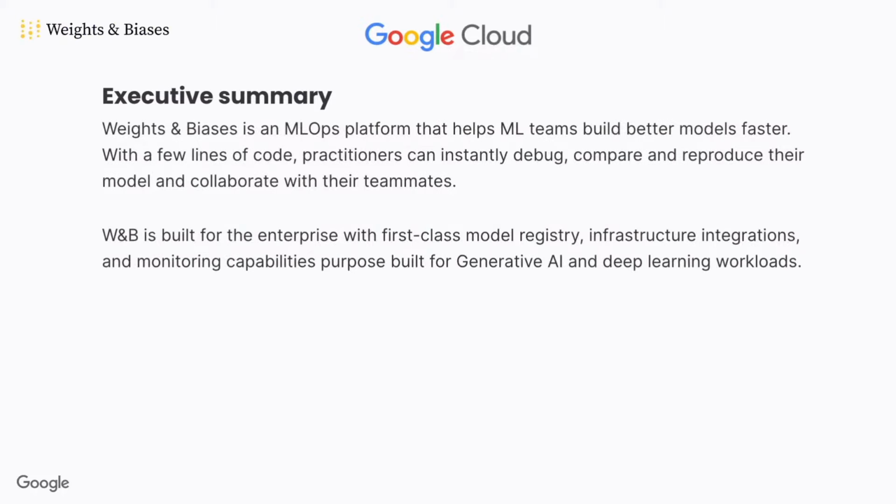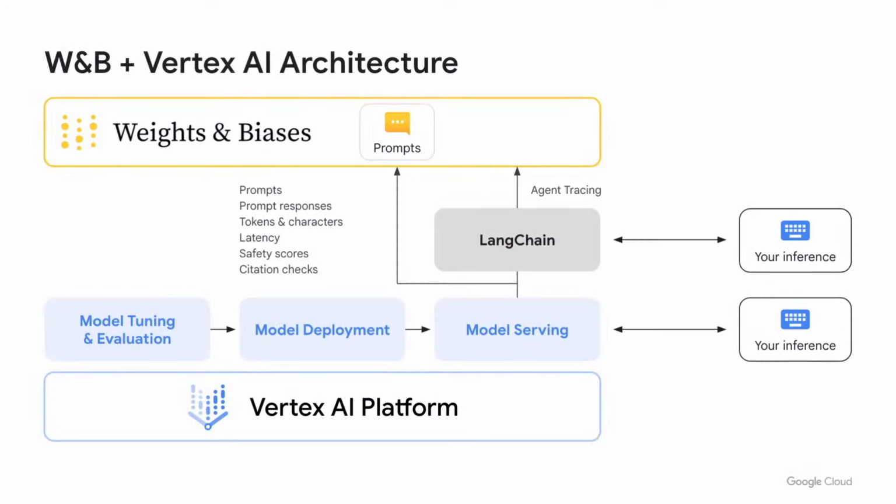Weights and Biases, another great partner of Google's, they provide an MLOps platform, helps teams build models faster, really provides some guardrails and some assistance as customers are creating those models. And what do they do? Well, they ride on top of the Vertex platform.